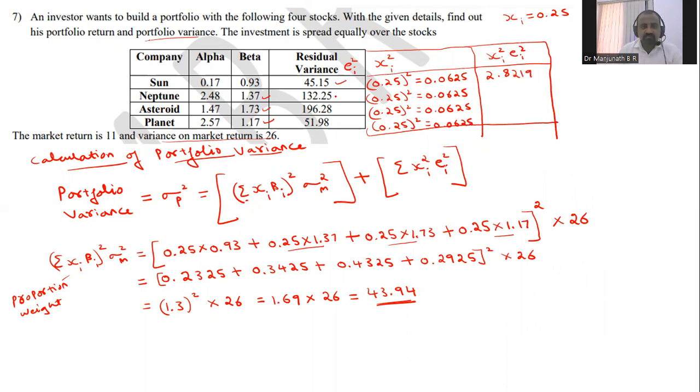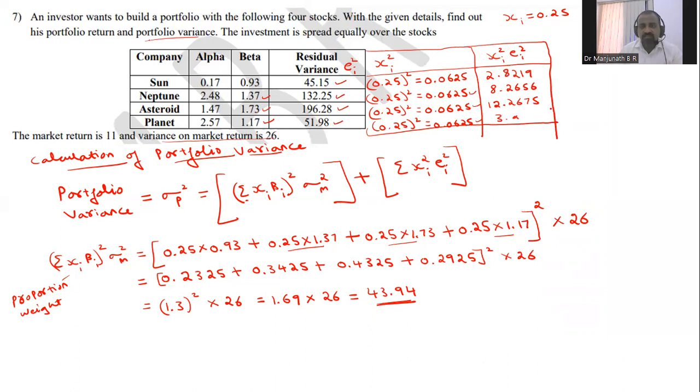In a similar way, 132.25 is multiplied with 0.0625, and then you should be able to get 8.2656. Now, 196.28 is multiplied with 0.0625, wherein you'll be getting 12.2675. And last, 51.98 is multiplied with 0.0625, and then you get 3.2488.